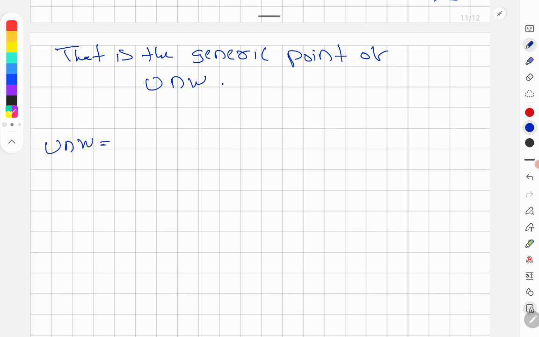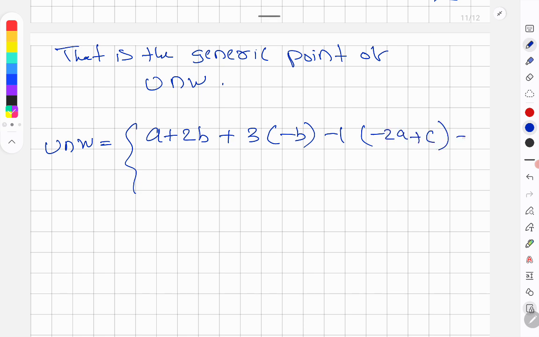So U intersection W will be, this is my x1, x2, x3, x4. I substituted them in the equation of U, so it's a plus 2b plus 3 times of minus b minus, then you have to multiply this all together, then you had a minus 1 multiplied with x3, so I can write x3 over here, 2a plus c, equal to 0.